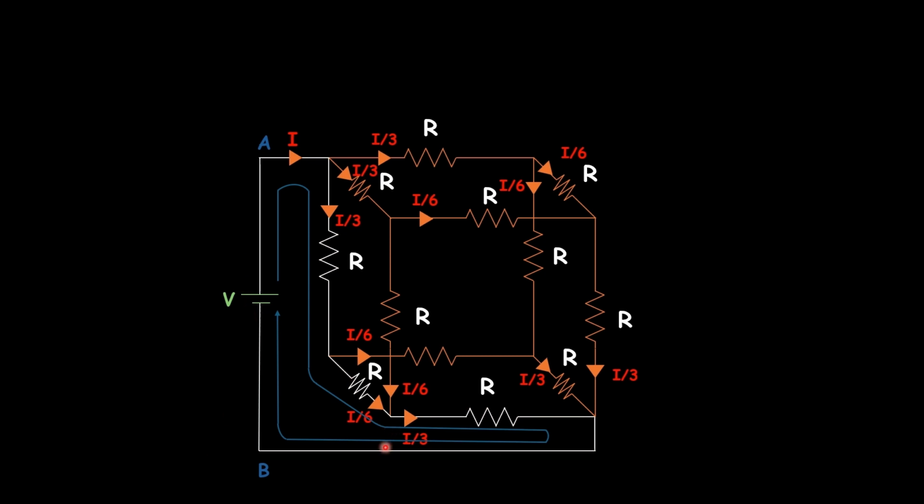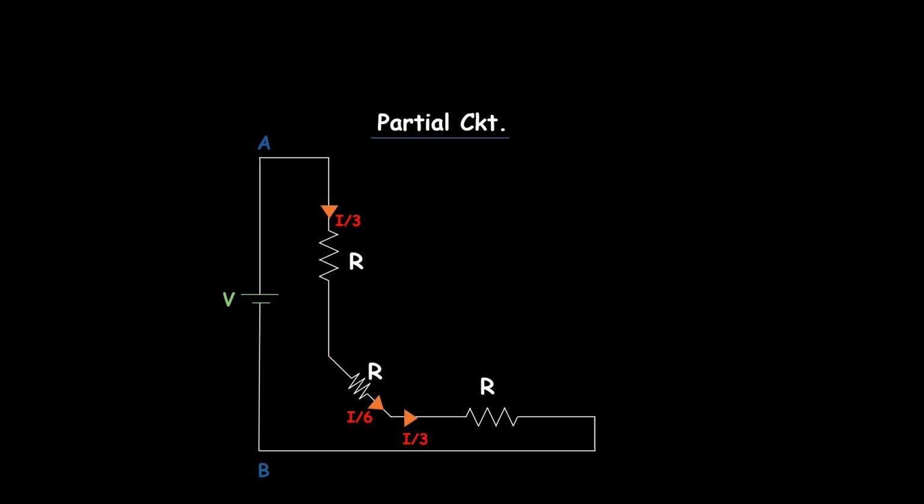For the time being, let's just neglect this circuit. Now we need to focus only on the partial circuit. Please note that this is not a complete circuit, this is only a partial circuit. The remaining resistances are connected here. For an easy solution only, we are considering this partial circuit.